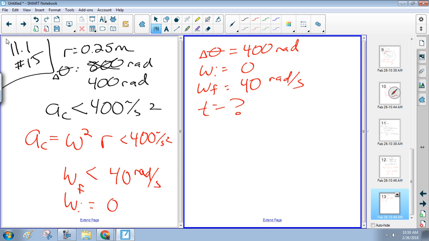Anybody see an equation we can use that has just those variables? The Hernandez equation. Yeah, I would use the Hernandez equation. This guy, delta theta is 1/2. That's the angular equivalent of the Hernandez equation.